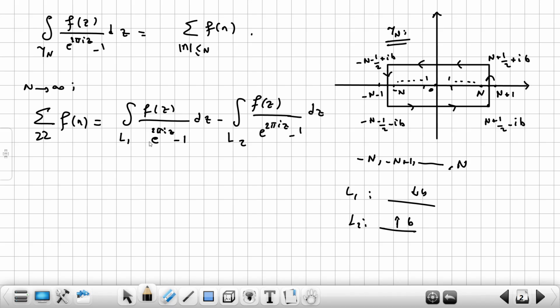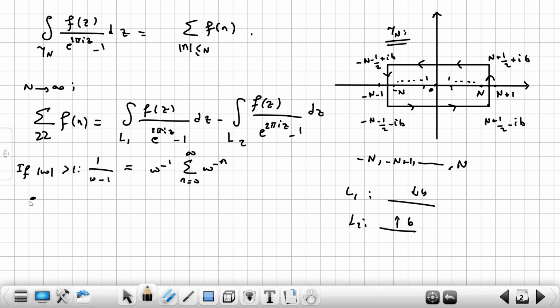Now, recall that if the modulus of w is greater than 1, then 1 over w minus 1 is equal to the sum from n equal to 1 to infinity of w to the power minus n.